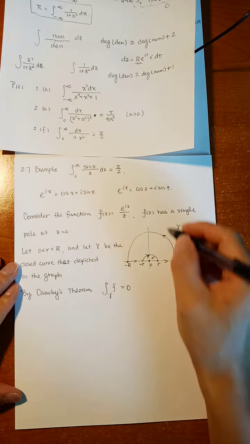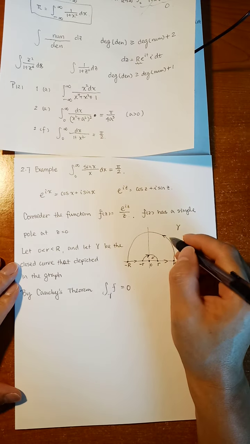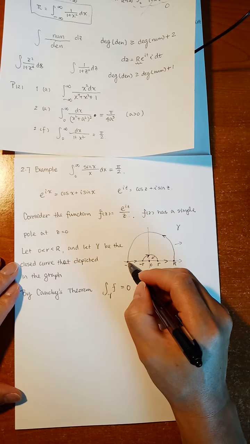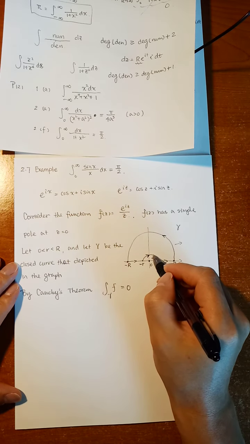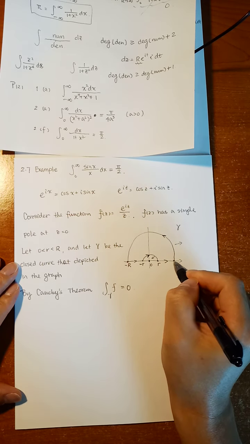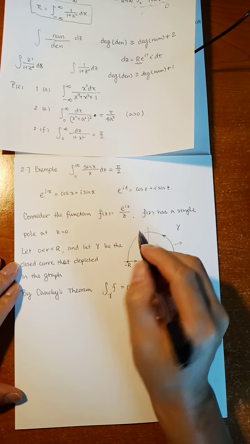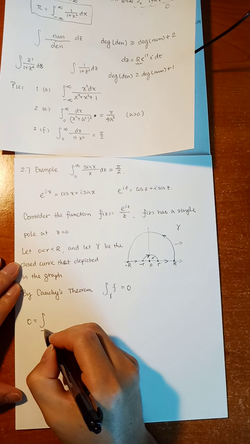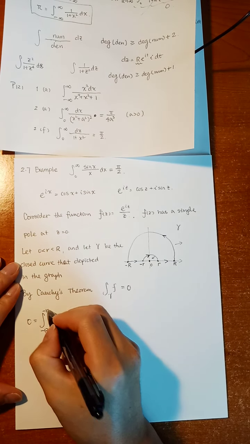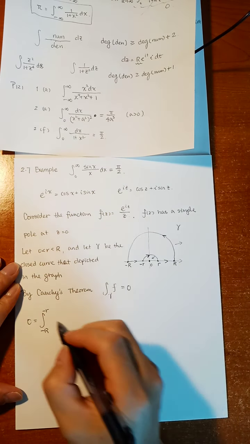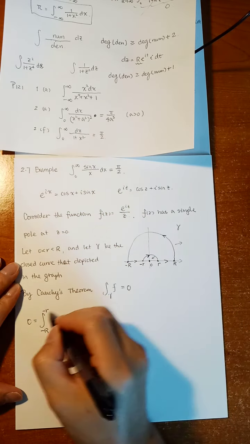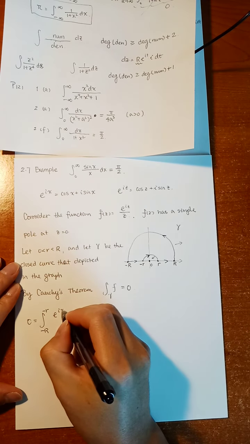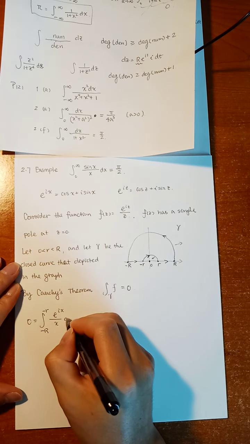This closed path gamma is complex. It actually has 4 parts: the negative part, the small upper semicircle, the positive part, and the large semicircle. So we will have the negative part from negative capital R to negative r, the integral of e^(ix) over x dx.